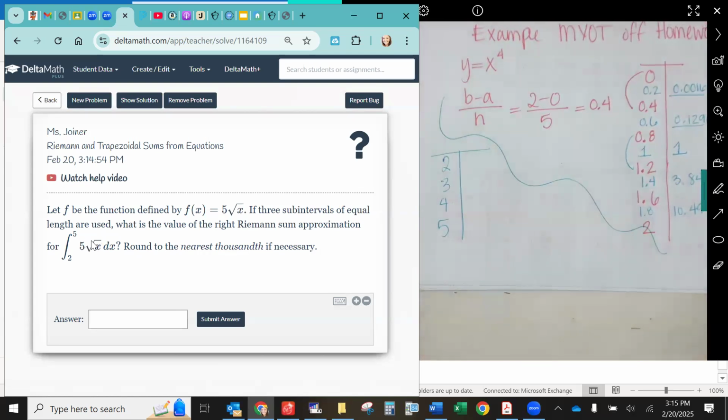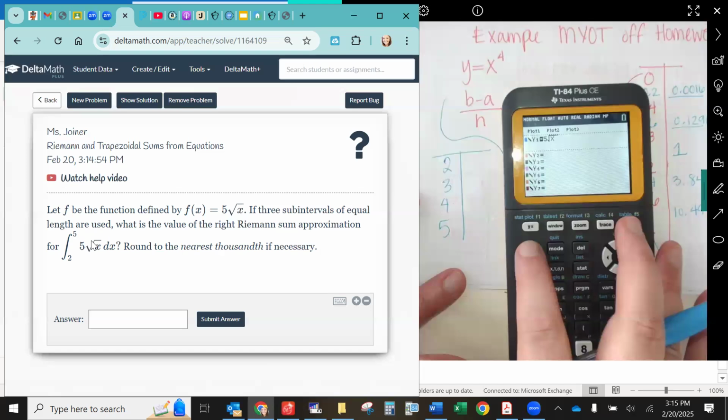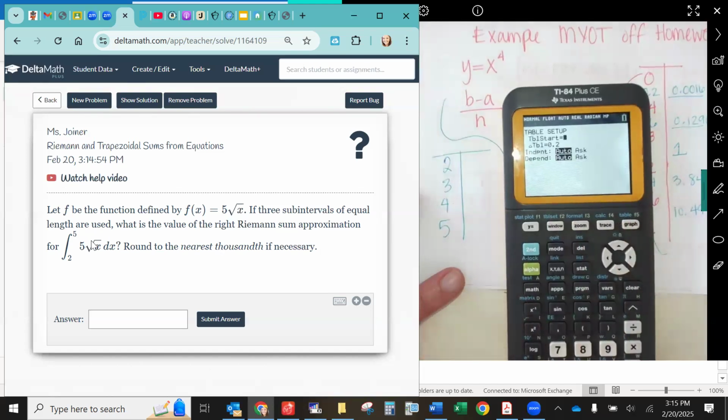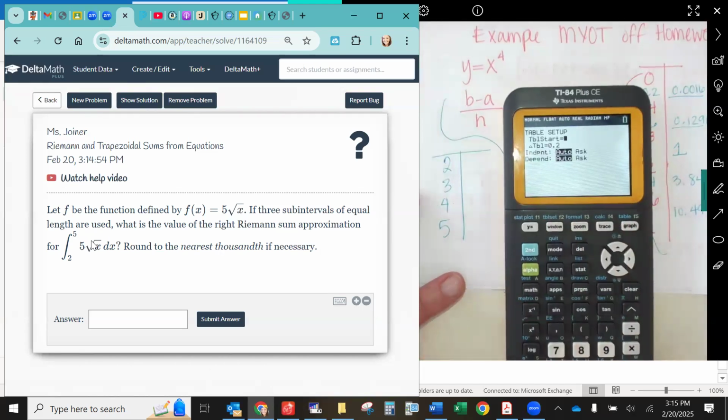Now I'm doing a right Riemann sum, so I don't have to worry about what's in the middle. Does that make sense? If it's a left or right, you don't have to worry about that. So in your calculator, you're going to go into your table. If you want to adjust your table set, you want to start at 2 and count by 1 this time, so that you don't have a bunch of extra numbers that you don't actually need.